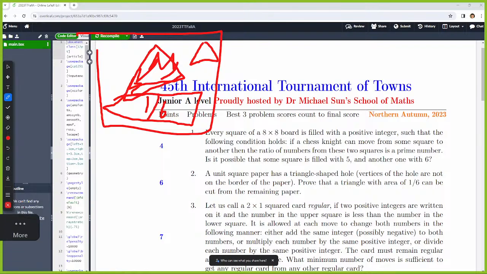Now, let's have a look at one of the students' diagrams, which was pretty good.